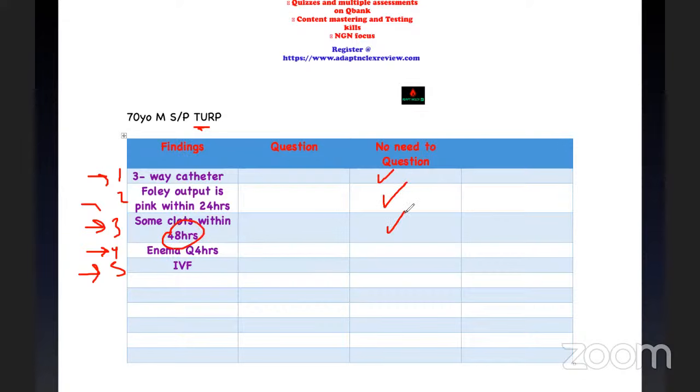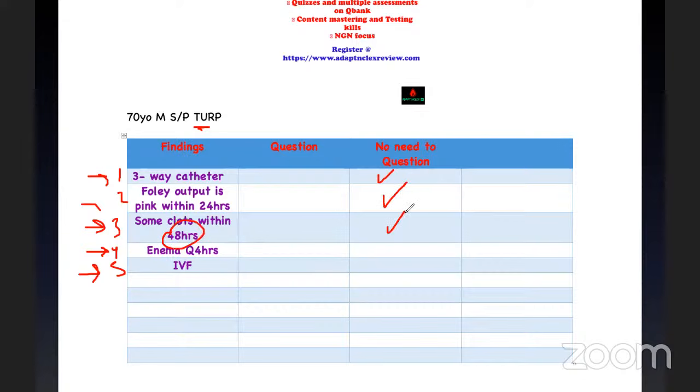Is this something you should question? So this is the irrigation fluid, and the patient output is in the Foley bag. So a 3-way catheter is like that, a Foley, and he has 3-way. One goes into the irrigation, one goes into the bladder, and then one is the balloon, right?